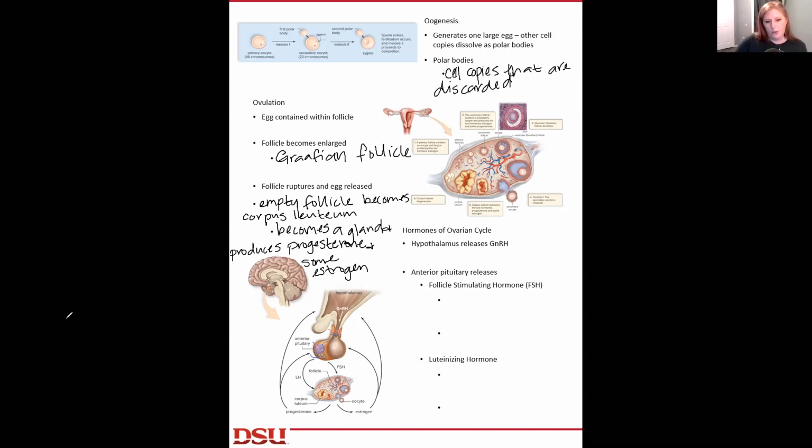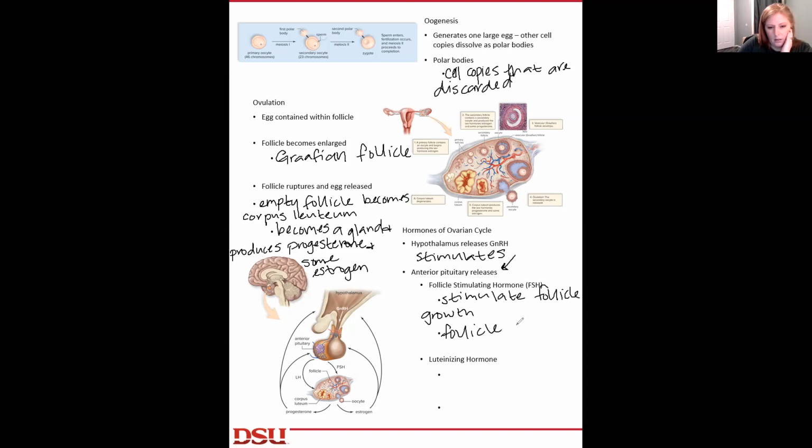And that is going to do the same type of thing that it did in men, is that it's going to stimulate the anterior pituitary, where we're going to also have the release of follicle stimulating hormone, which is going to stimulate follicle growth. And the follicle is going to secrete estrogen.